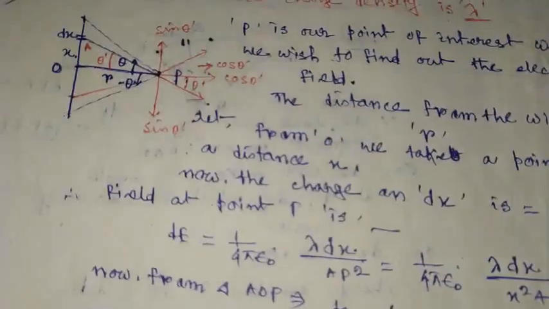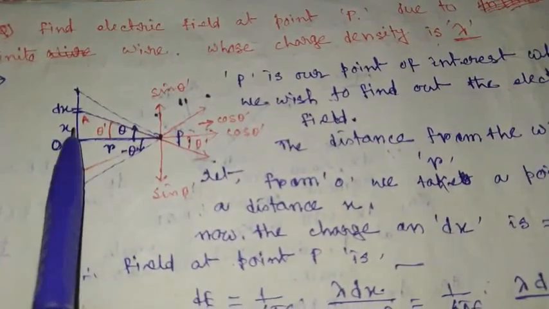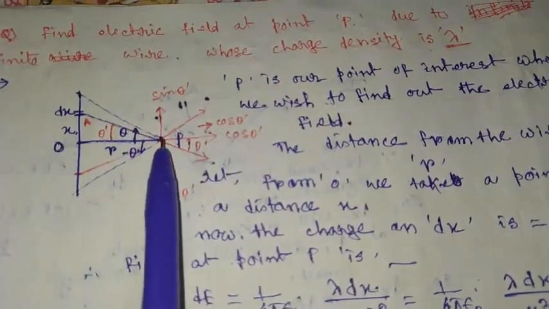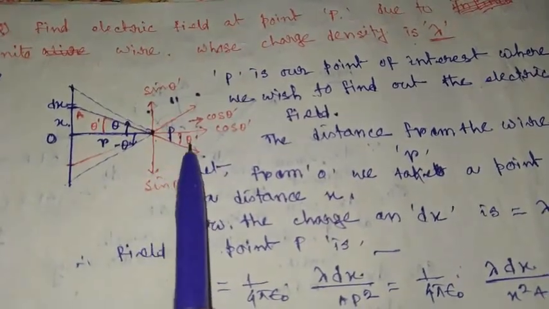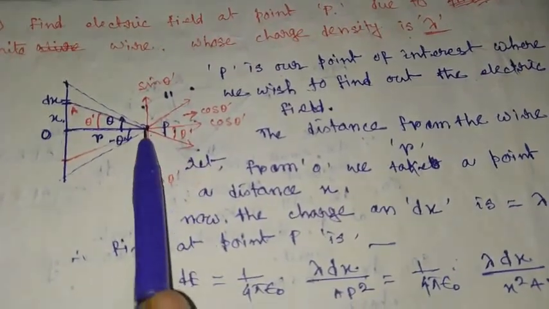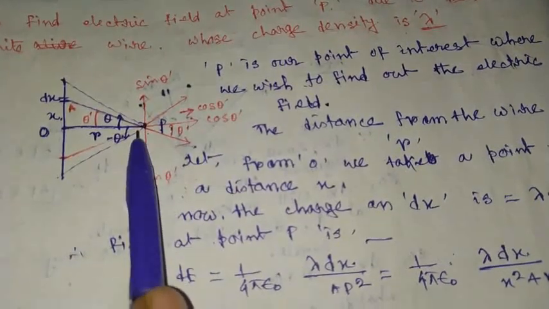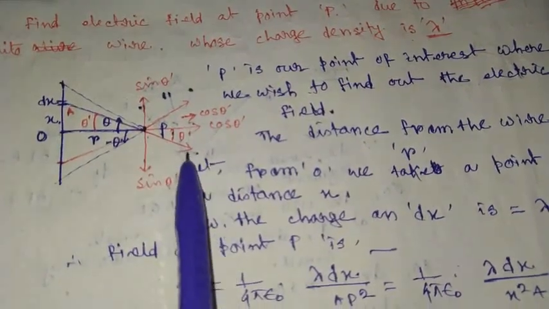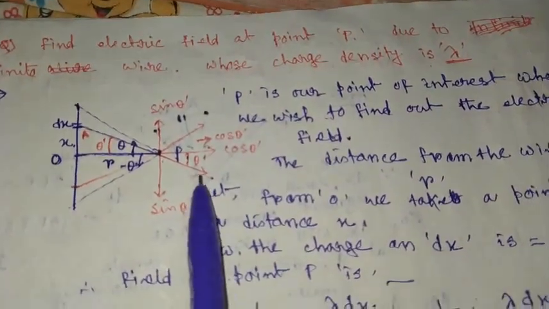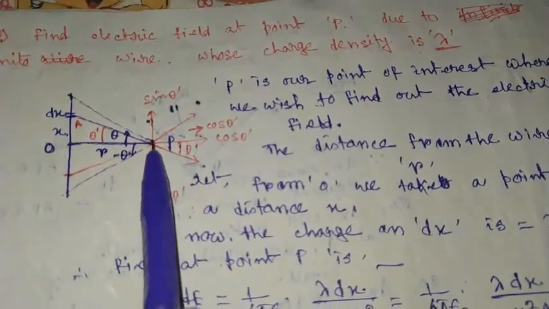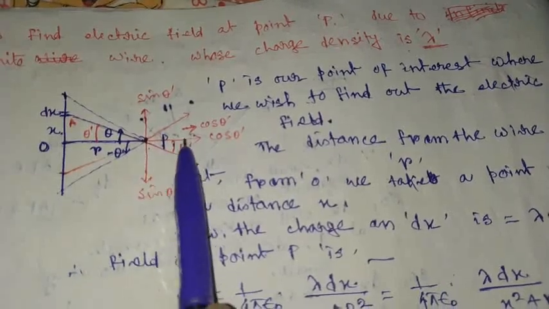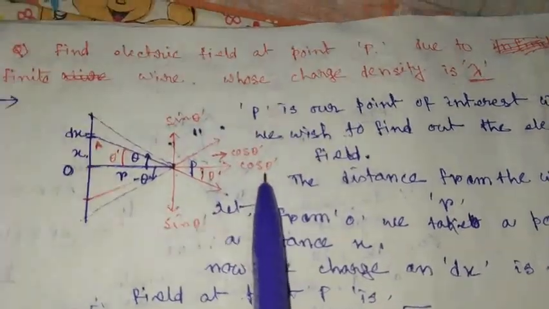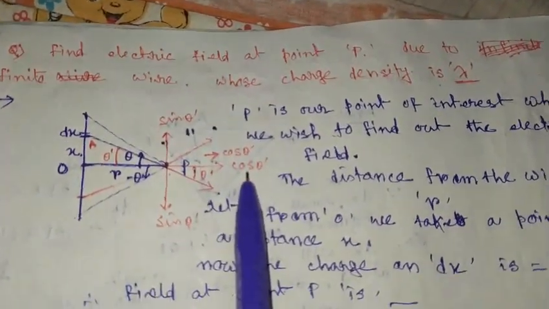Now due to this dx element, the electric field at point P will be in this direction, and if we consider an xy system at point P, this electric field direction has two components. One is sin theta prime in this way, and in this direction, cos theta prime.